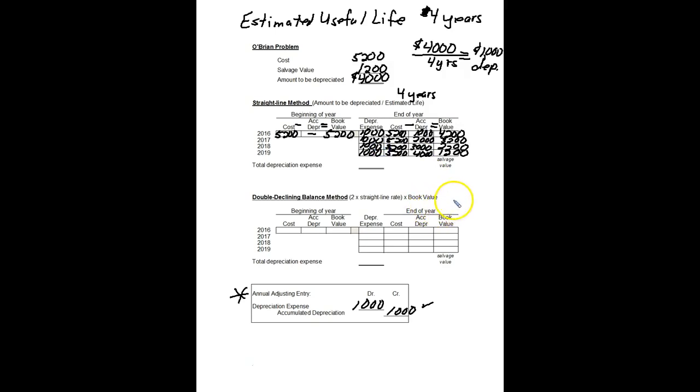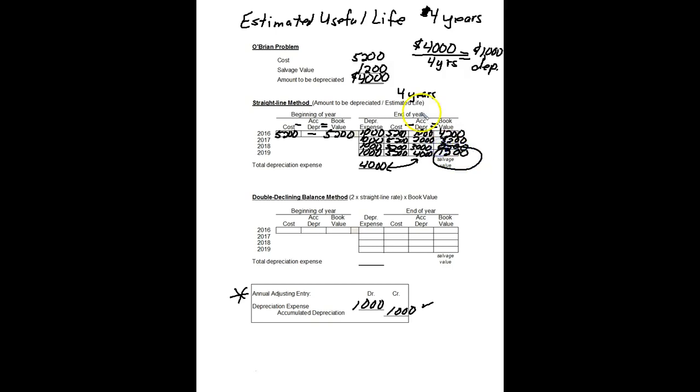Okay, so let's look at some big picture stuff then. Over the life of the asset, total depreciation expense is going to total $4,000, which is the amount we have accumulated, right? So that should always be equal. So if I add up all my depreciation expense on the income statements, I'll get $4,000. Another notable thing is the ending book value.